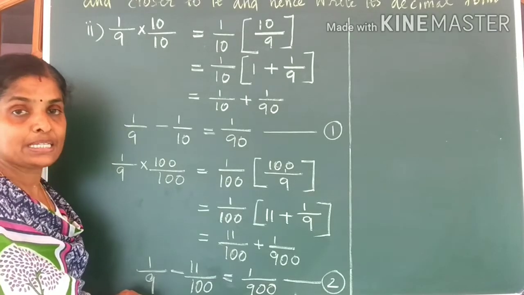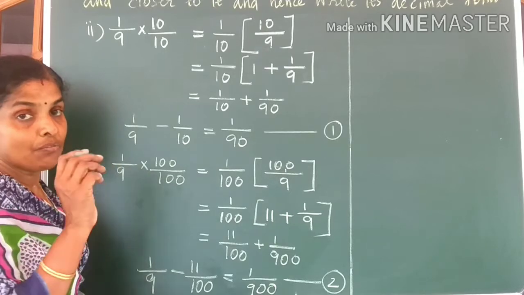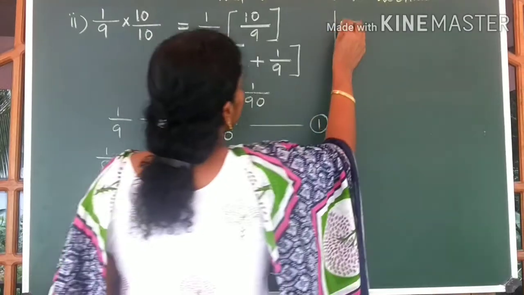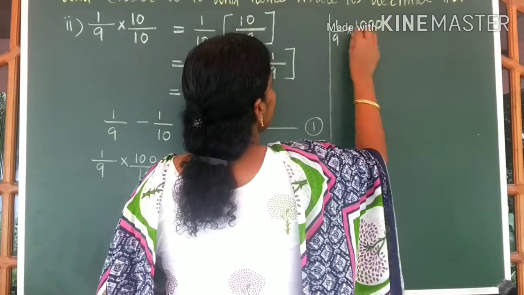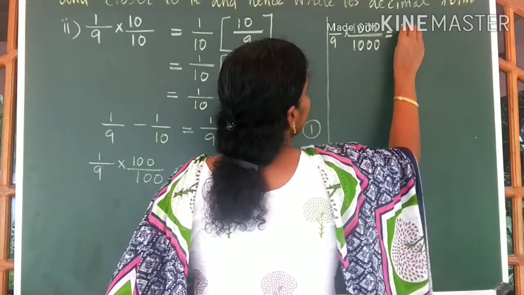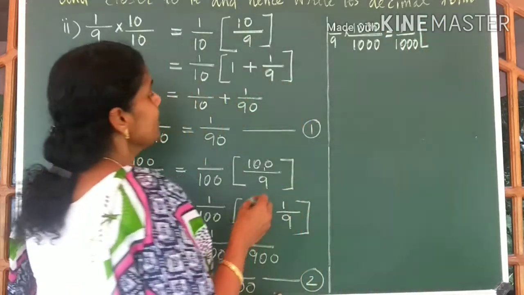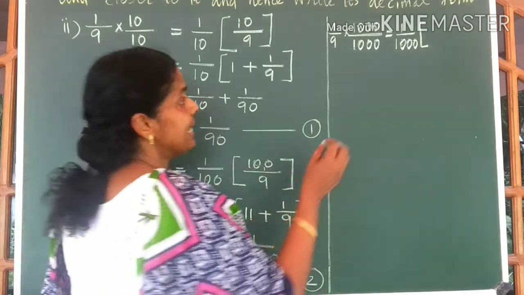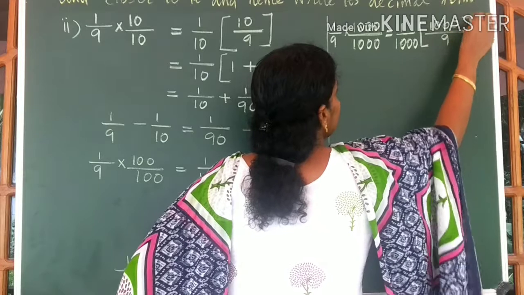Now let us multiply numerator and denominator by 1000. 1 by 9 into 1000 by 1000. That is equal to 1 by 1000 within bracket. You will be able to write it as 1000 divided by 9.